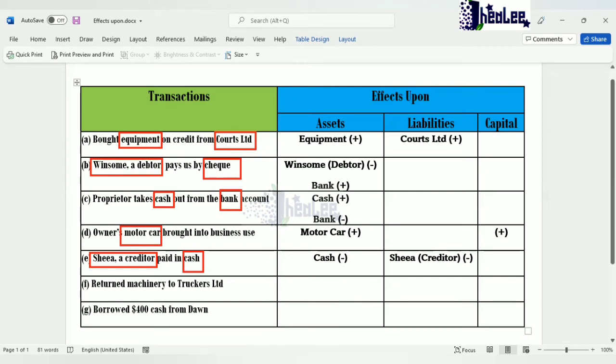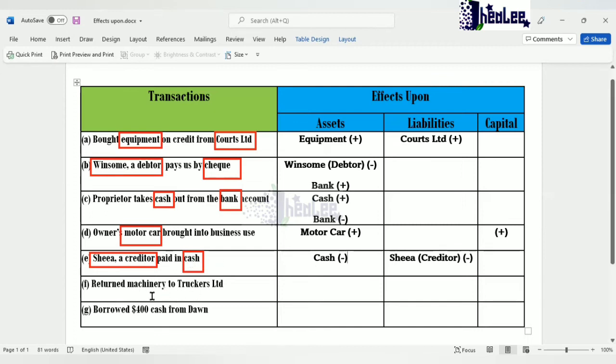So for example, the creditor that we are owing, we don't care about the creditor's book. What we care about is the value of what we are owing to this individual, whether we are owing more or we are owing less. Okay? And in terms of the cash, remember the cash went out of our business, so therefore there's a reduction in the value of cash that we now have in the business.